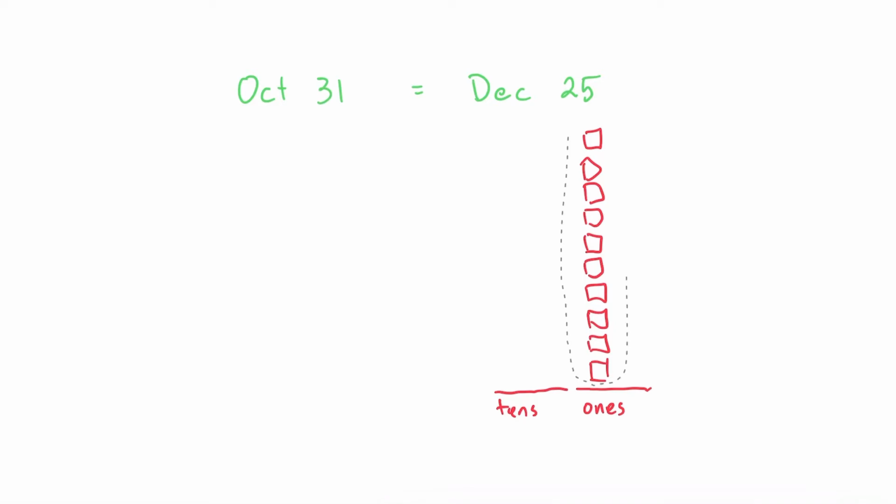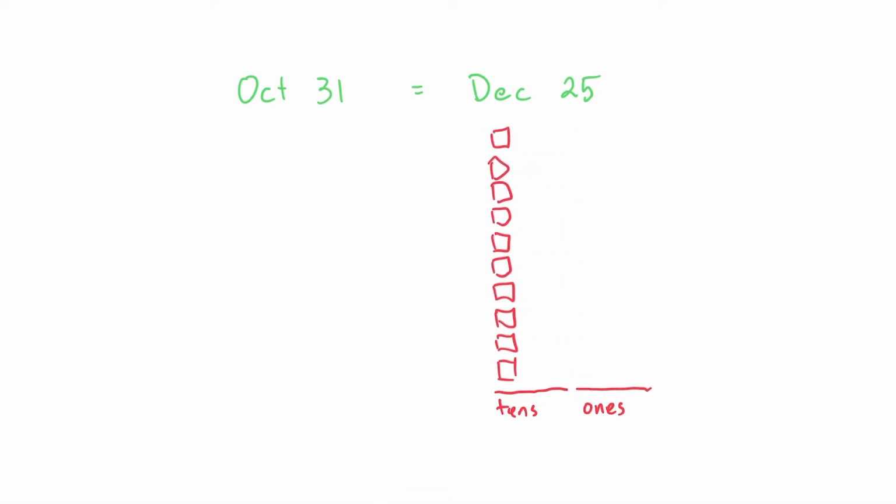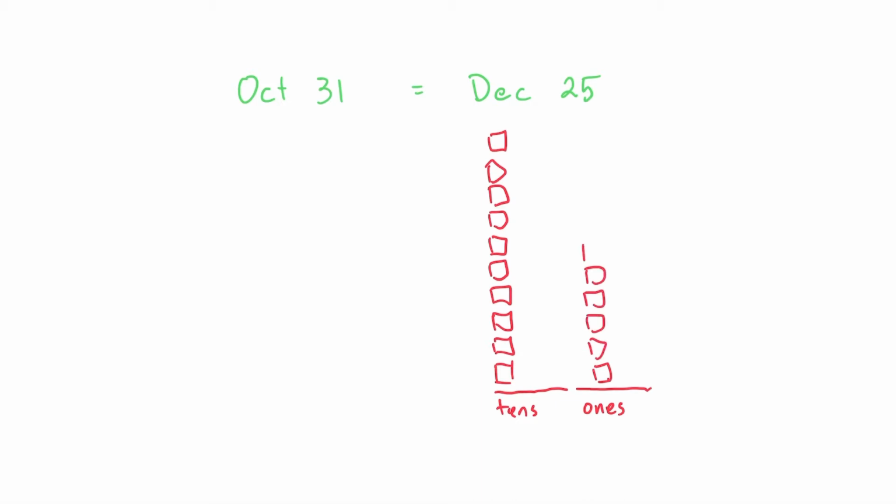So we'll move this group of 10 over into the tens place. And moving on, we'll continue. And now I have 1, 2, 3, 4, 5, 6, 7, 8, 9. So now I have 19 of my 25, which means that I have an additional group of 10. So now I have two groups of 10.